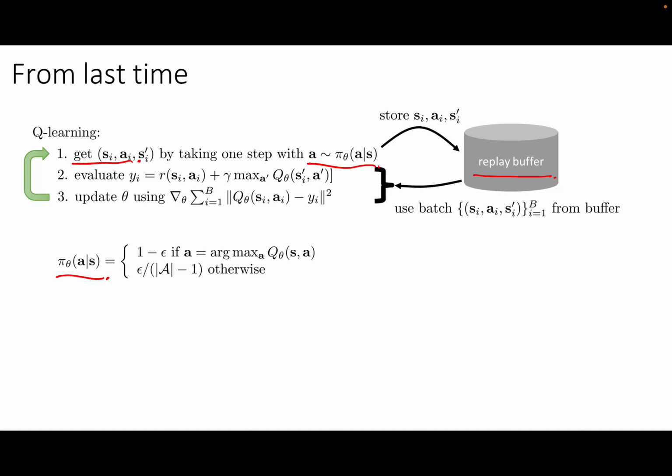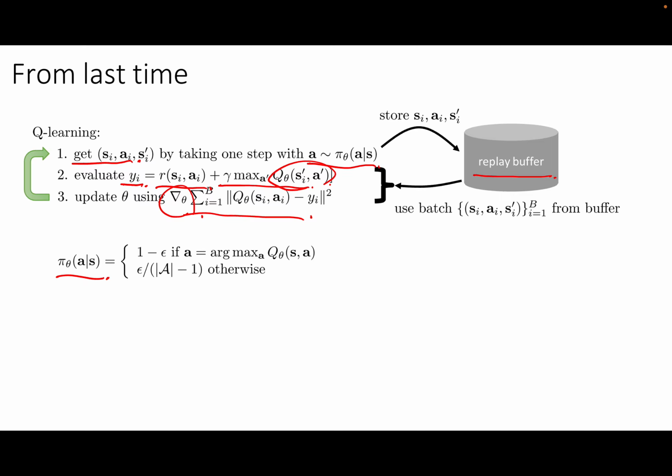Then we evaluate the target Y of our Q function, computed with a predefined reward function that takes state and action, plus gamma times the maximal Q function. The tricky point is that the target is from our own network. And we update theta by minimizing this loss function, using this gradient. This is how we perform Q learning.